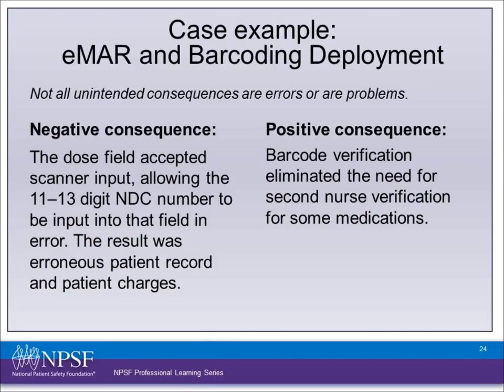So let me give you a couple of examples again from the EMR and barcoding deployment and make the point that not all unintended consequences are problems. In fact, some of them can be quite positive. In this example, we had one negative consequence in our early deployment, which was the medication dose field accepted scanner input, allowing the nurse to inadvertently have the cursor on the dose field scan the medication identification number, the NDC, which is an 11 to 12 digit numeric entry that would go into that field of doses and would charge the patient for and in fact record that the patient had had a couple of million milligrams of whatever it is we were about to give.